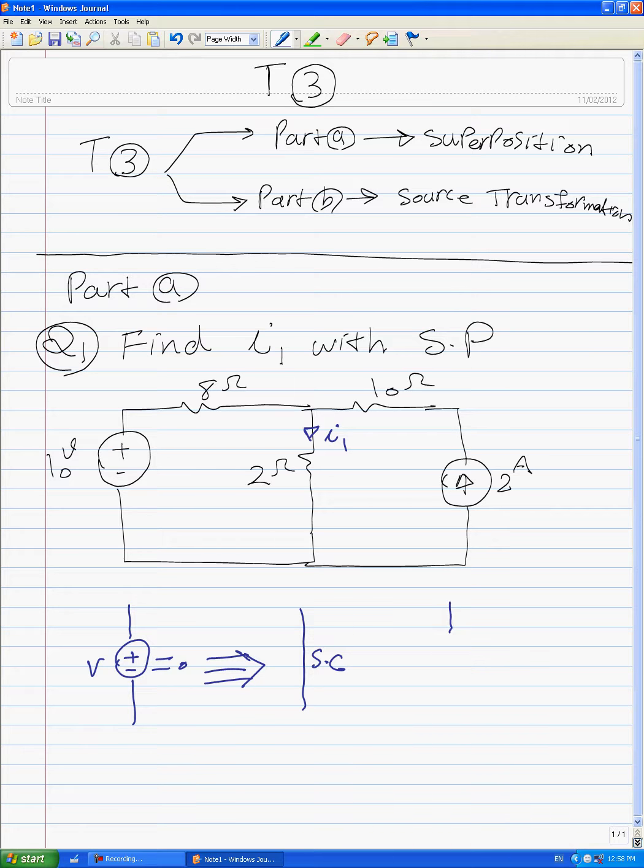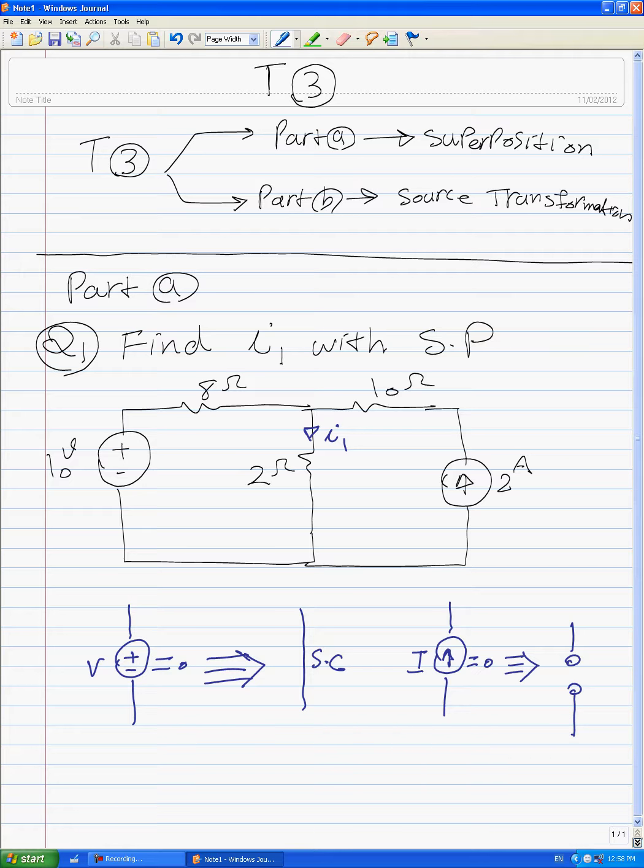And if we want to change a current source, for example, I, to 0, it means we should change the current source to an open circuit.